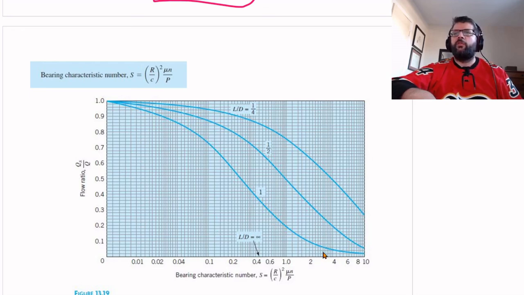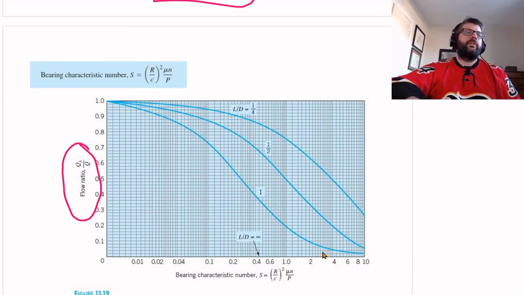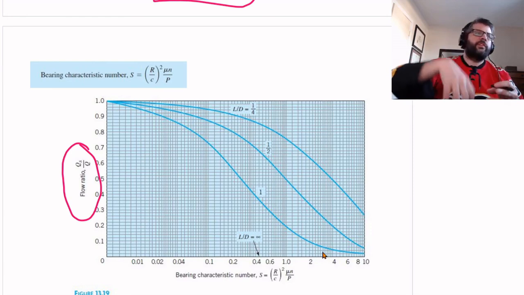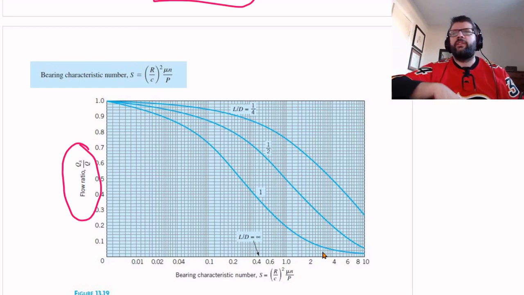Next up, we've got the ratio of the side flow to total flow. If we have an infinite L over D ratio, you don't get any side flow. There's nowhere for the flow to go. If you have something less than that, some of it's going to recirculate around, and some of it's going to flow at the sides.